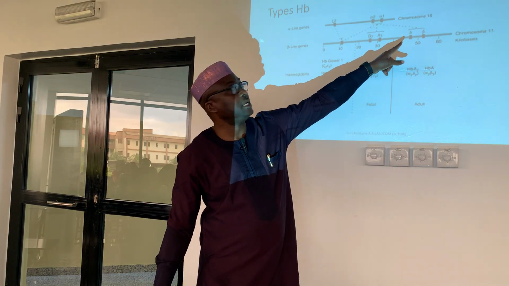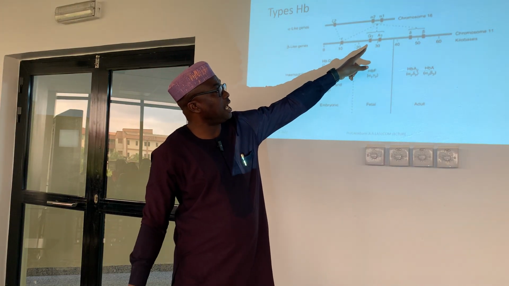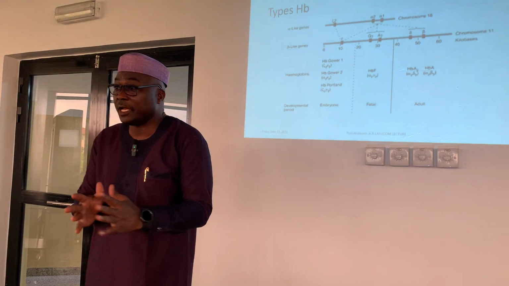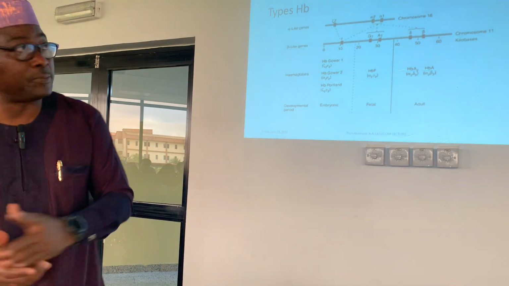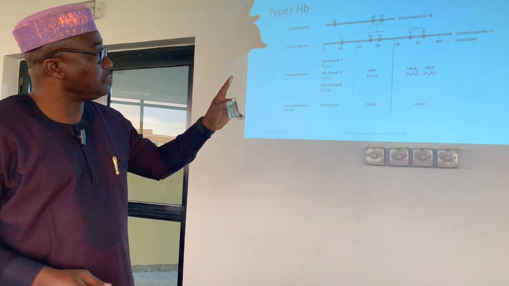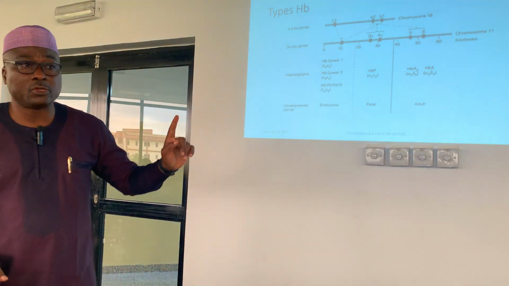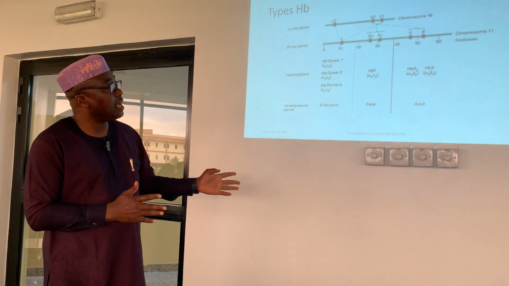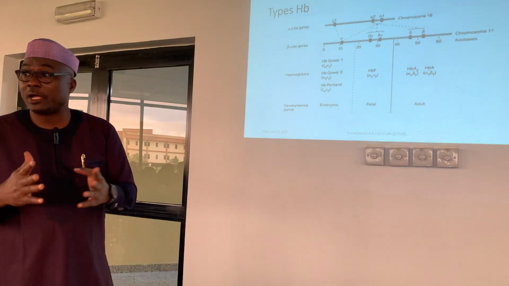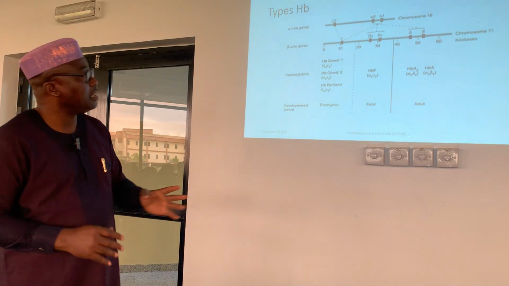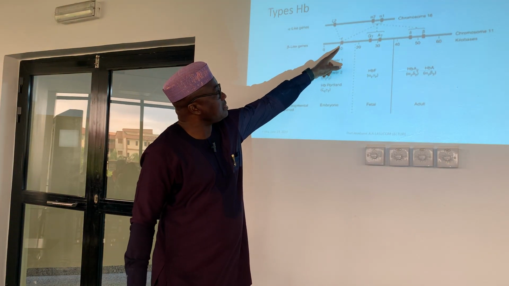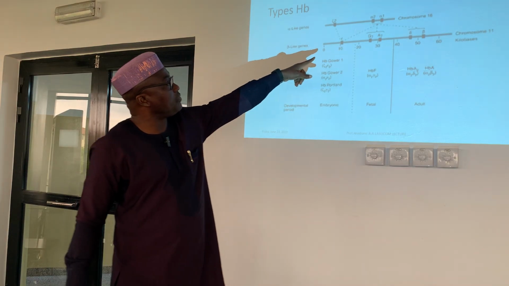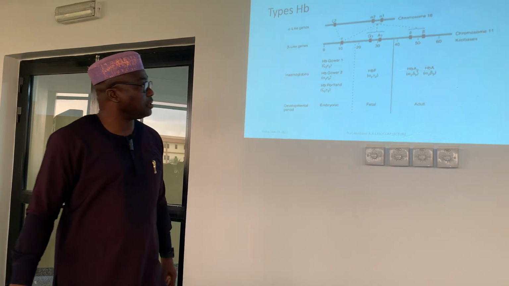You can see beta, delta. You see there are two types of gamma depending on whether it's alanine or glycine at position 136. So gamma can be gamma glycine or gamma alanine. Then you have the epsilon.